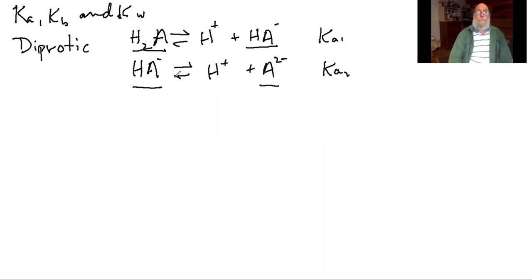So here's where it gets a little bit different, in that this A2 minus is a dibasic or diprotic base, so it is a stronger base than HA minus. So let's start with the A2 minus.